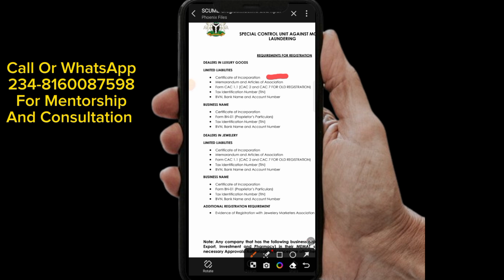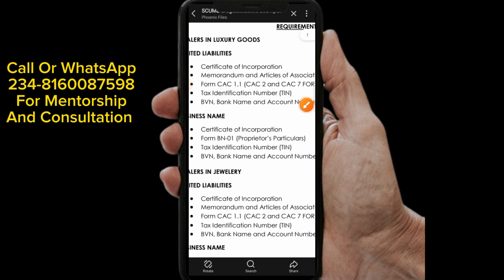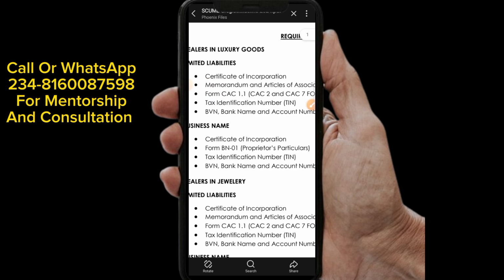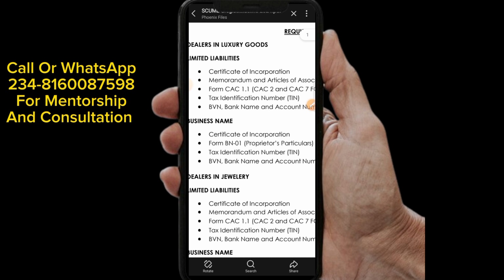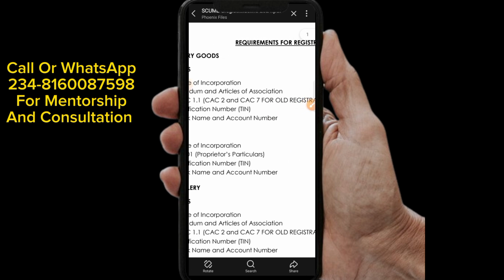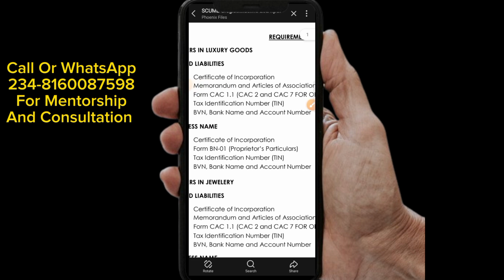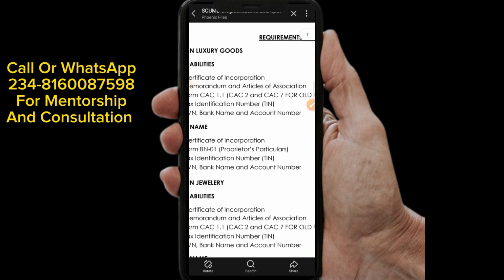Let me zoom in so you can see it very well. It says your memorandum and articles of association. This is very important. The third one says form CAC 1.1. Then if it is for old registration, you will get your CAC 2 or CAC 7.